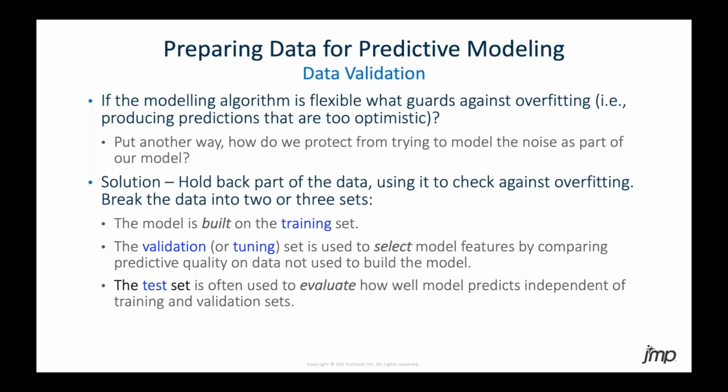Now, how much data do I need? That's a big question, and I always get asked that. It really depends on how much structure there is in your data and what you're trying to predict. Sometimes a few hundred observations is enough to split your data into three. Sometimes you need a lot more. It really depends on how complex the data is, how complex the relationships between your inputs and outputs are, what modeling techniques you use, and so on.